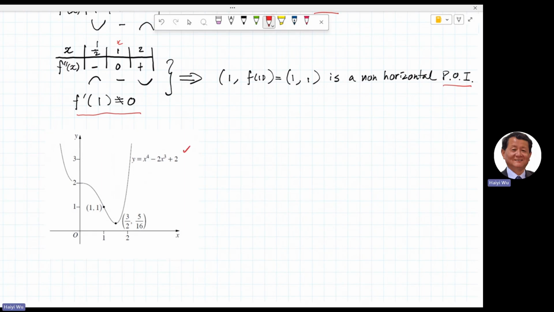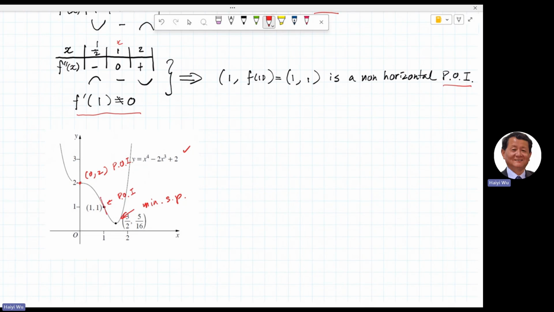We have one minimum stationary point, and x = 0 is a horizontal POI, and the one at x = 1 is a POI, but non-horizontal, because the gradient does not equal 0.